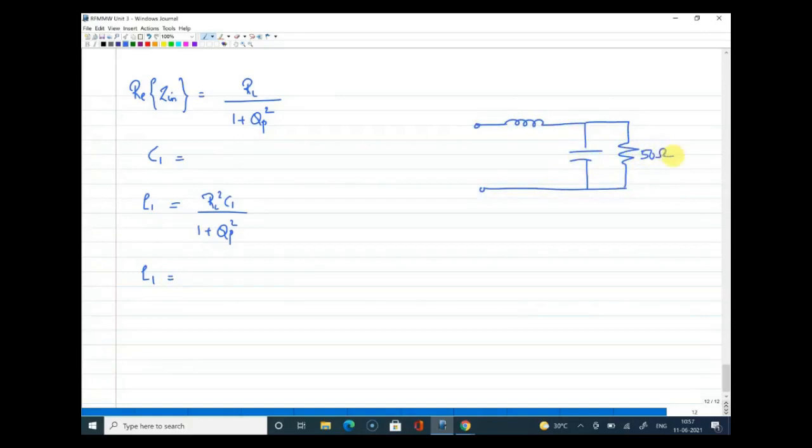So this is 50 ohms, and what I want to see from here is a 25 ohm purely resistive component. So what are the new values of C1 and L1?